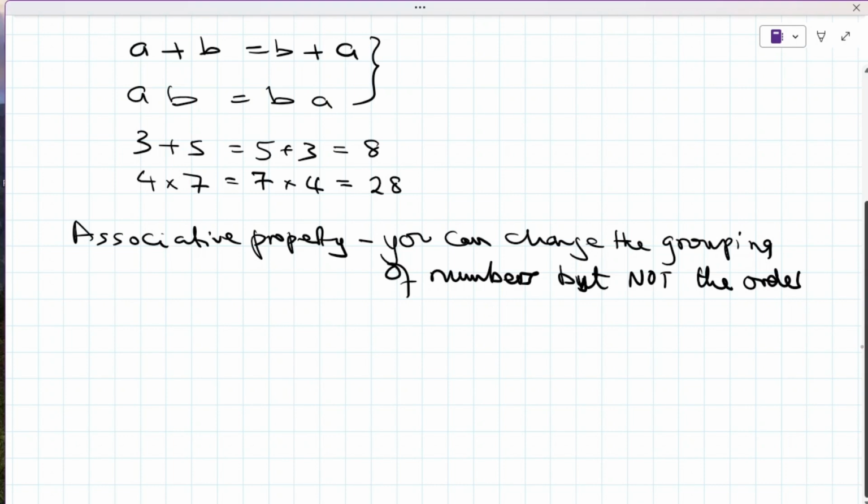For example, if you had 3 numbers, A plus B plus C, and A and B are grouped together, this is the same as, instead of grouping the numbers that way, you grouped them as A plus B plus C. You realize here that you can change the grouping of the numbers, but not the order.